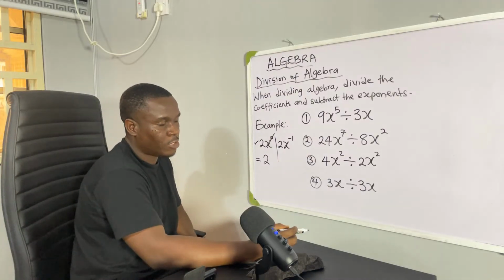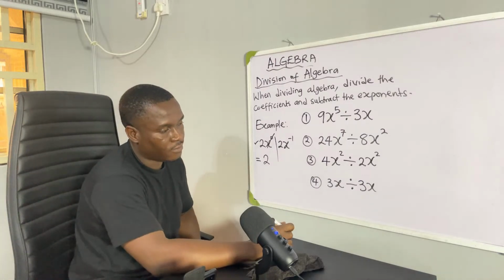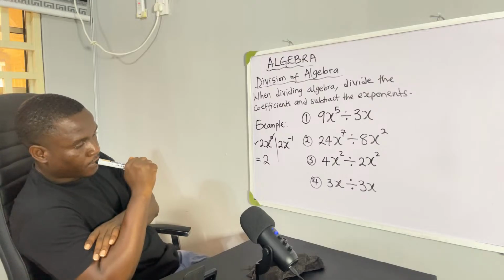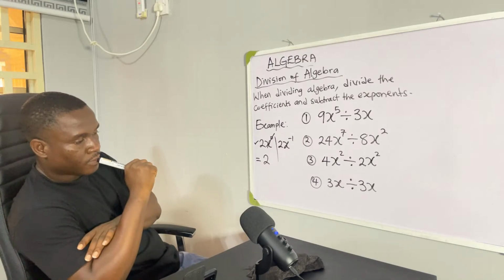So how does that affect your final outcome in number 4? My last answer would be 1. So that's 3 divided by 3 equals 1.